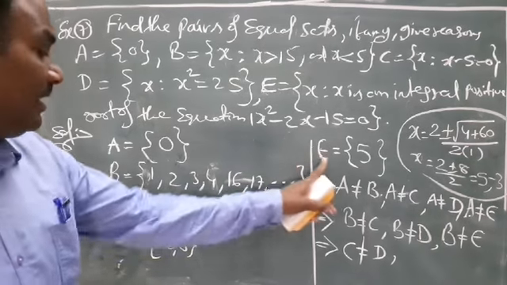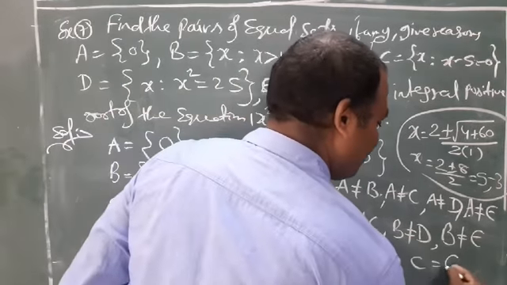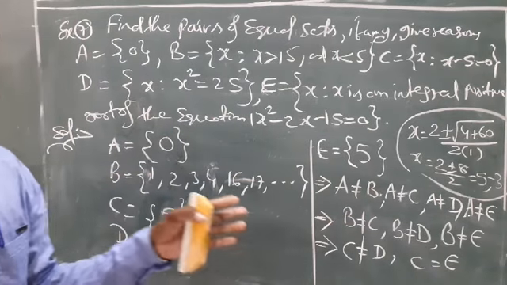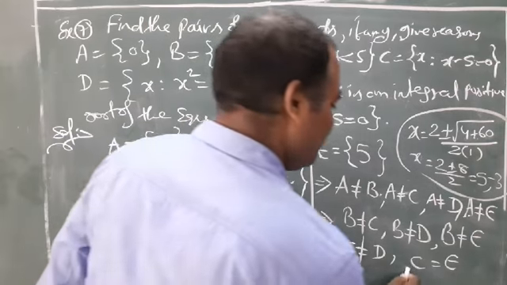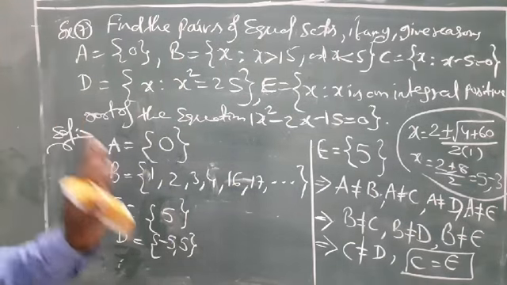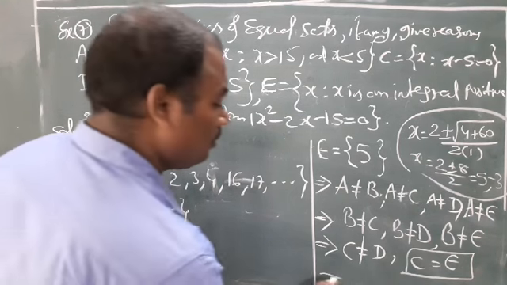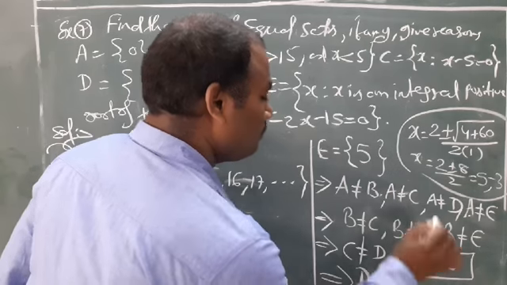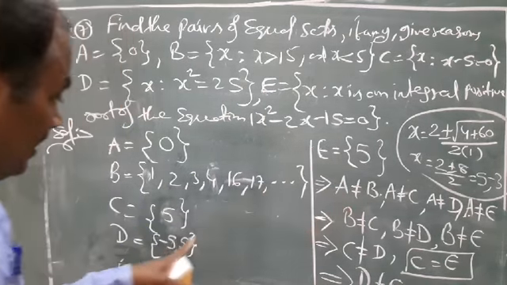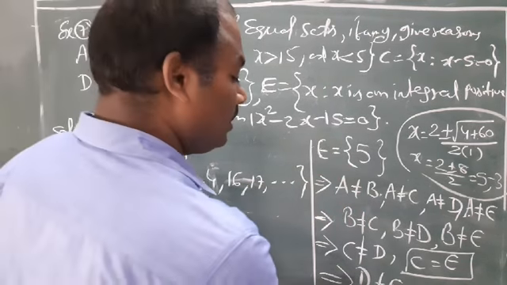Next one, c and e. c is equal to e, c and e having only one element, that is the same, so c is equal to e. Here c and e are equal sets. And d and e, d not equal to e. 5 belongs to d, 5 belongs to e, but minus 5 belongs to d and minus 5 does not belong to e, so d not equal to e.